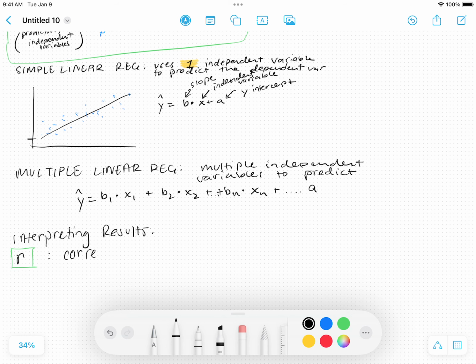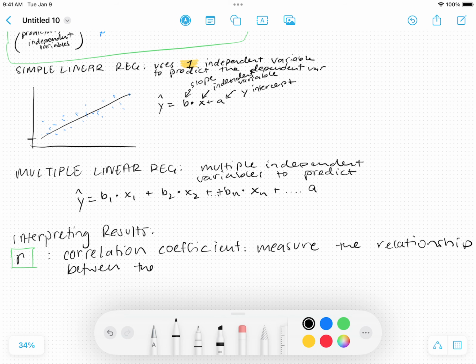It measures the relationship between the dependent and independent variables.